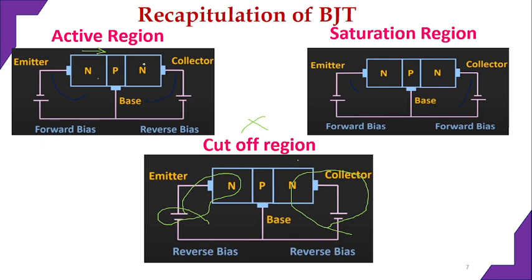The electrons present in the collector will be attracted towards this positive polarity. The electrons present in the emitter will also have a tendency to be attracted towards this positive polarity, thereby making some movement. Whereas if I consider the other case, this is n-type and this is also negative, so there will be repulsion.